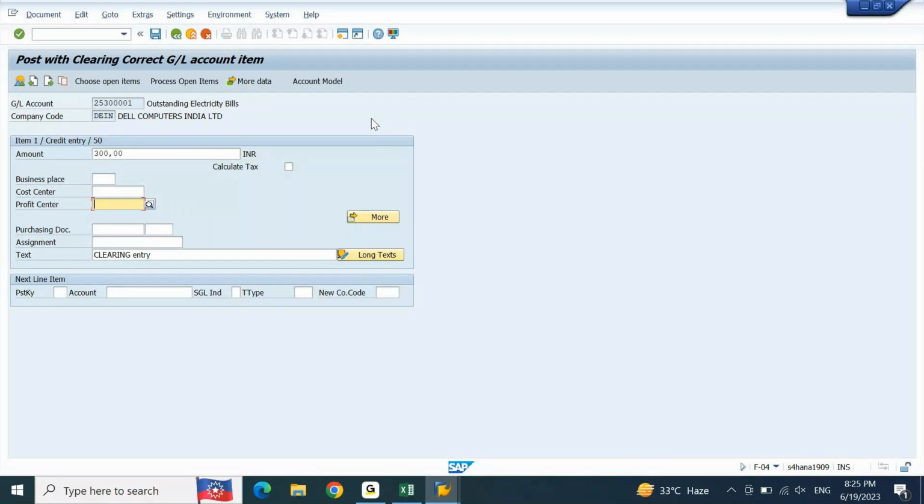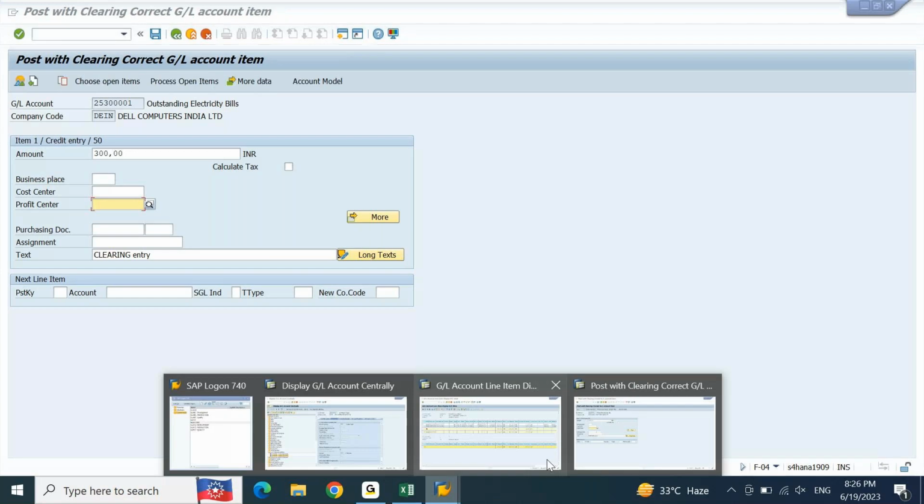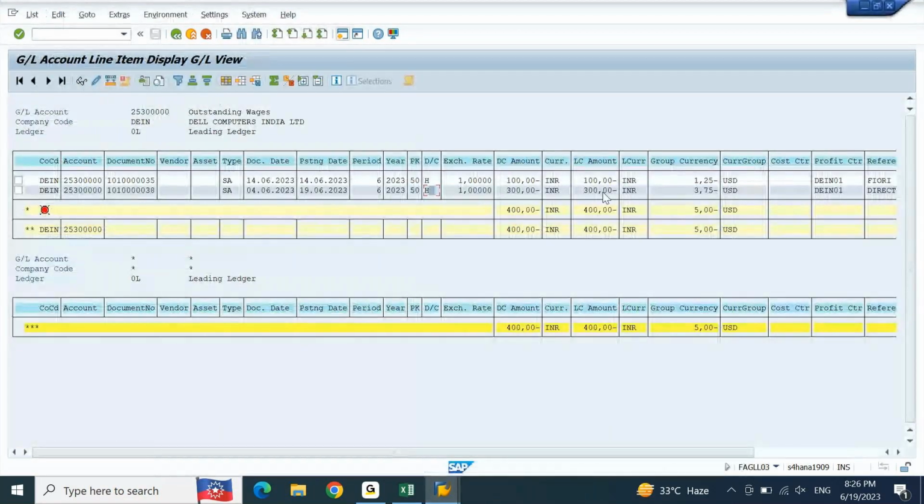It will take the profit center based on the passive document splitting. I'm not giving any profit center here. I am giving 300. Now this 300 I am crediting to outstanding electricity bills. Now whatever I want to do, I want to clear this 300. Now is this 300 an existing transaction or a fresh transaction I want to add?